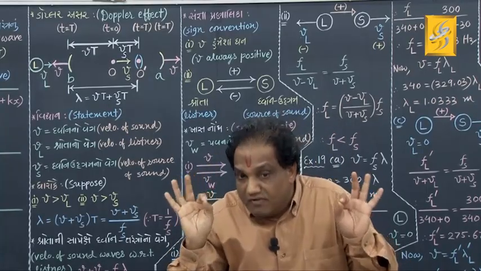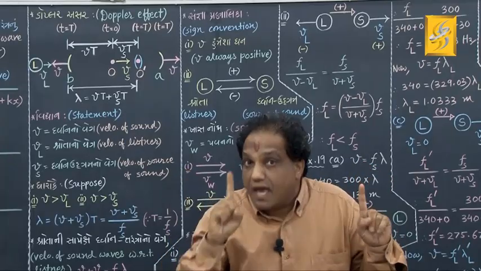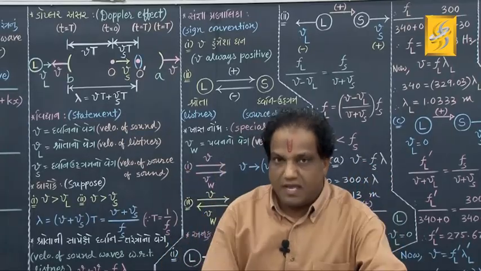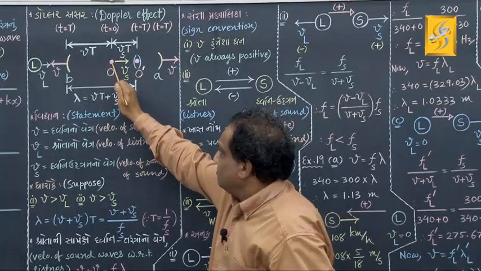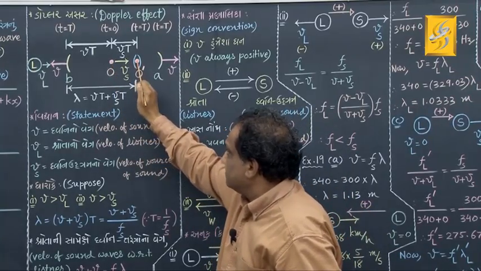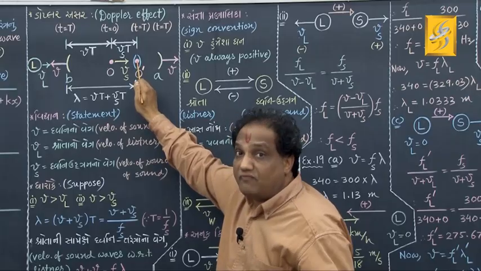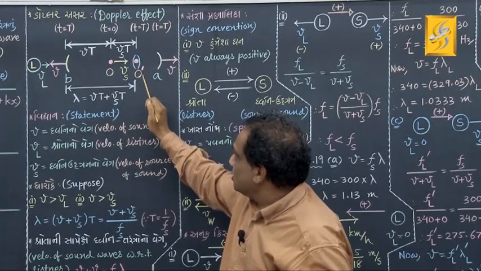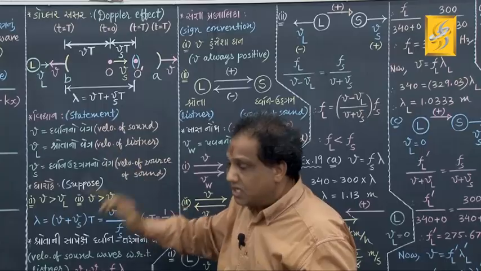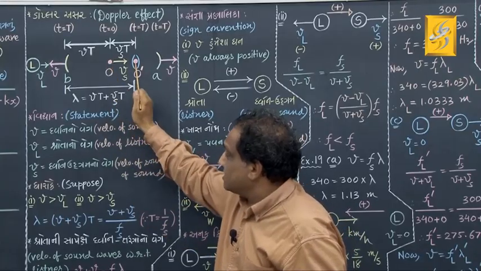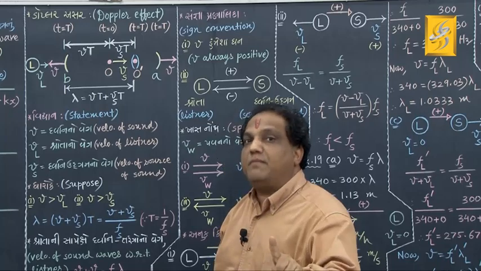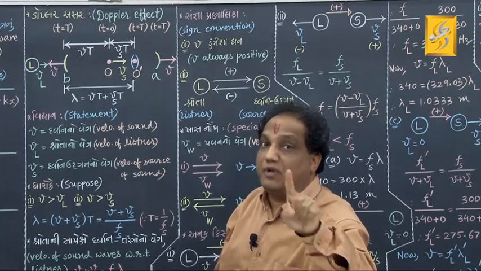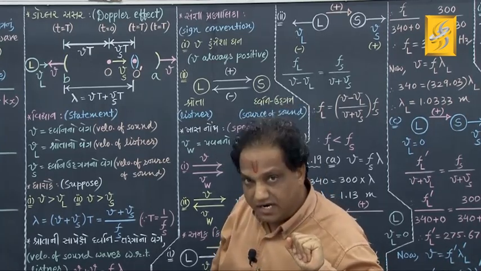So how much time interval we are taking into consideration? Capital T. Fine. At the end of capital T time, this source of sound wave, suppose it has come over here, correct? At which new position? New position is shown by symbol O dash. So distance OO dash is travelled by source of sound in a time equal to capital T, that is periodic time of sound wave, correct?